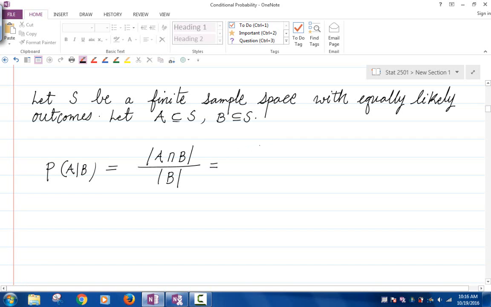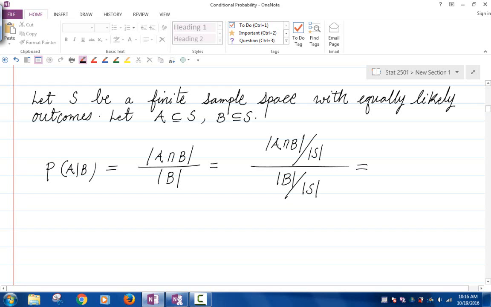I'm going to divide the numerator by the number of elements of the sample space, so A intersect B divided by the order of the sample space. Well, if I divide the numerator by the order of the sample space, I also have to divide the denominator by the order of the sample space, right? Is that algebra valid?